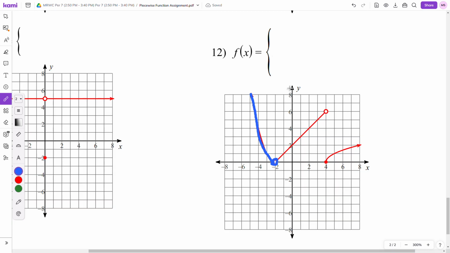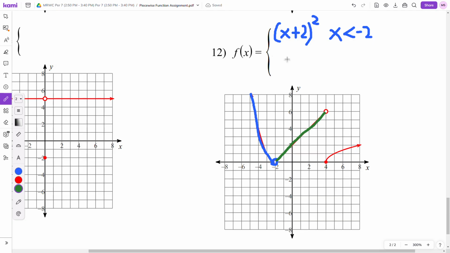Okay, so this blue one is clearly a parabola. So it's a parabola that's shifted 2 units to the left. So this is x plus 2 squared. And where is it? Well, it's to the left of -2, not including that point. The middle one is a line with a slope of 1 that, I'm sorry, I don't have a steady hand.